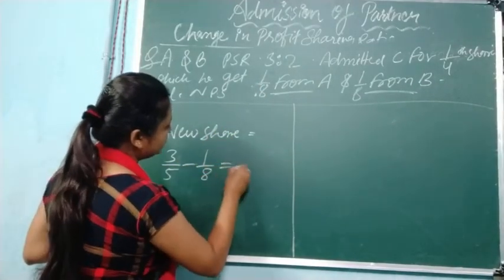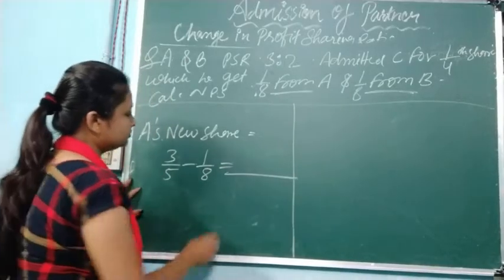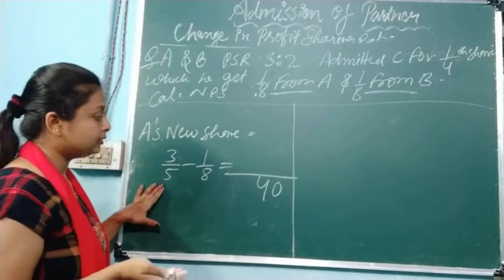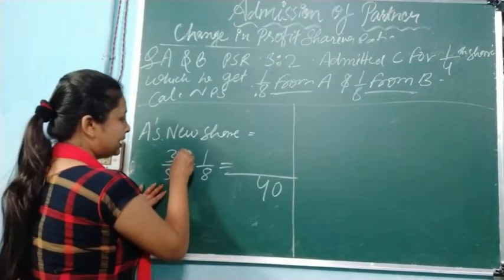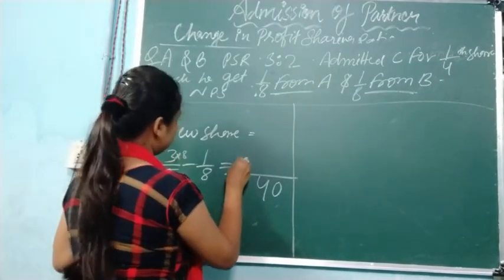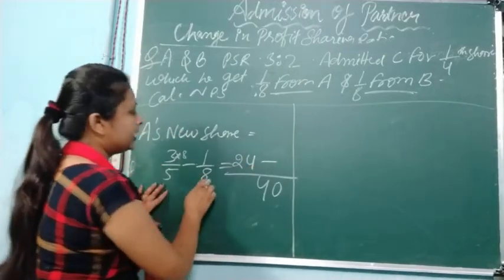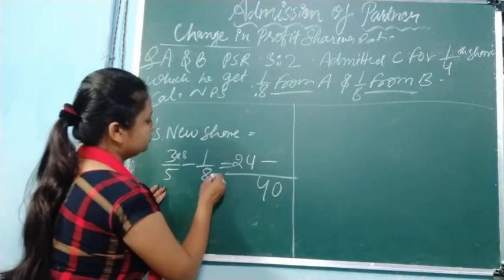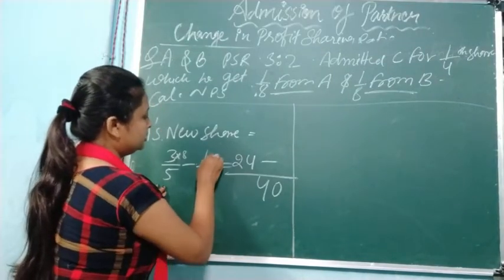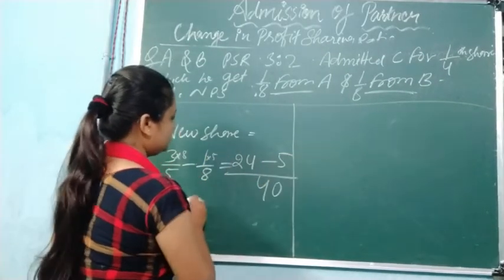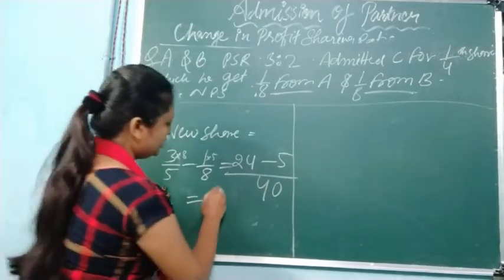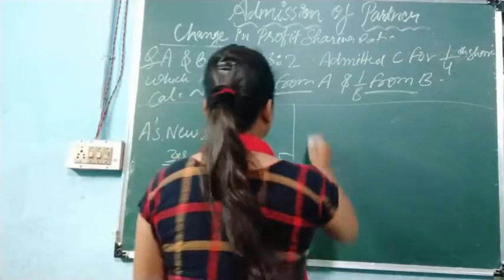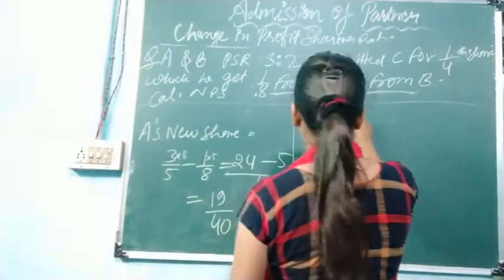Minus 1/8. Take out the LCM, 40. 5 times 8 is 40, 3 multiplied by 8 is 24, minus 5 times 1 is 5. Subtract, how much will come? 19/40.